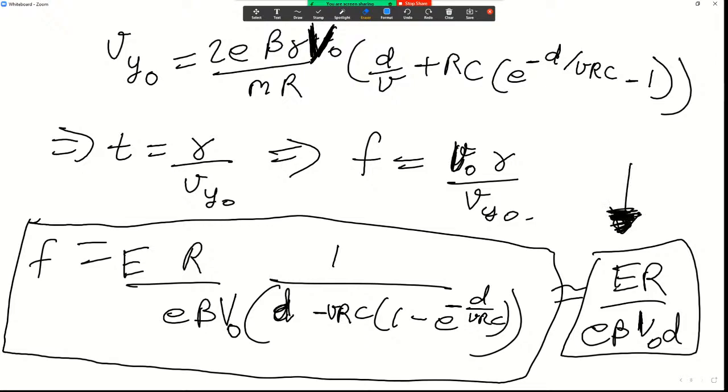This is voltage. Also, they have explicitly written that D over V is not comparable. So here also, if they compare this and this, then it is comparable.